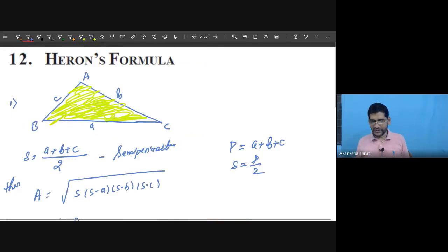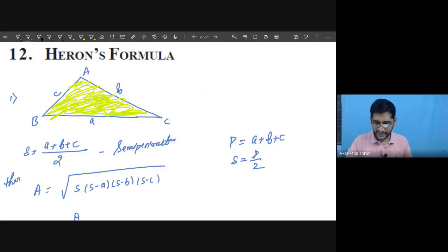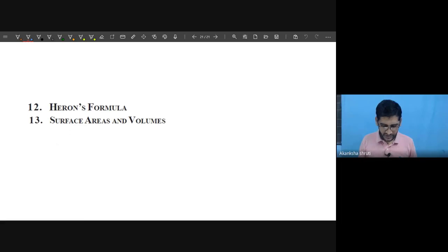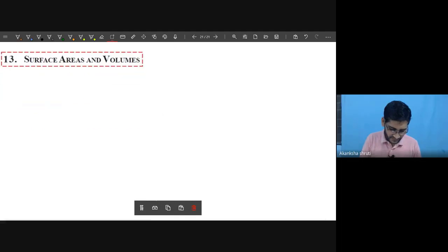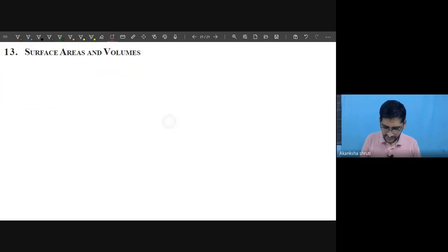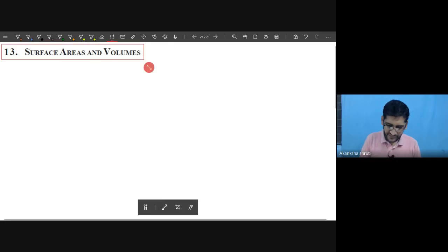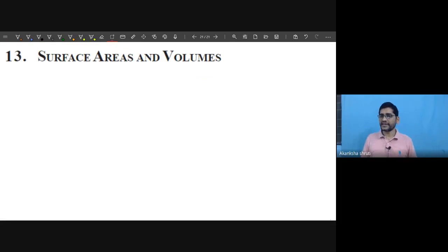So this was all about Heron's formula, and we have already done many kinds of questions based on it. Now let us come to the last chapter, surface area and volume. Here we have different kinds of three-dimensional objects.